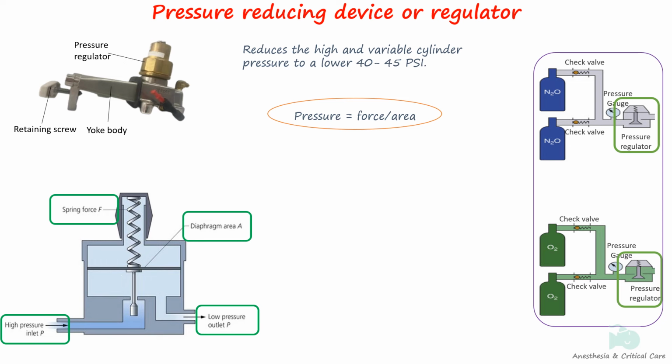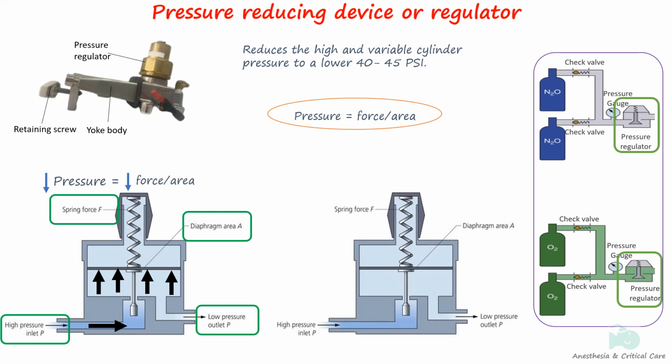When the inlet pressure from the cylinder is high, this will force the spring back, reducing the force exerted by the spring on the diaphragm and consequently the pressure of the output. When the inlet pressure reduces, the spring will exert more pressure on the diaphragm, thereby increasing the output pressure. The output pressure is fixed by the manufacturing company, and hence these are called fixed pressure regulators.